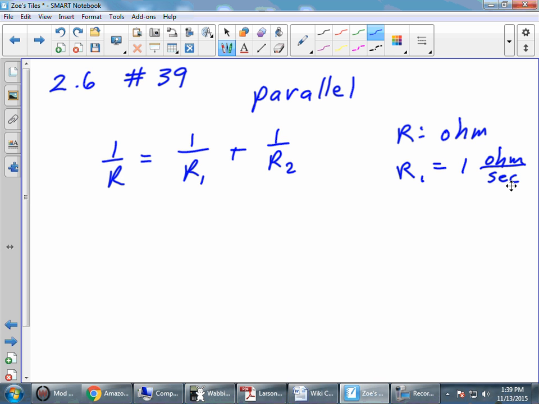And the other one: R sub 2 equals 1.5 ohms per second. That's a derivative also. Later on, just in our minds, we got to say, yeah, that's a derivative. Questions so far? Okay, I did this yesterday, now I forgot.